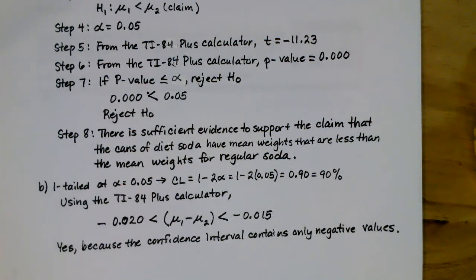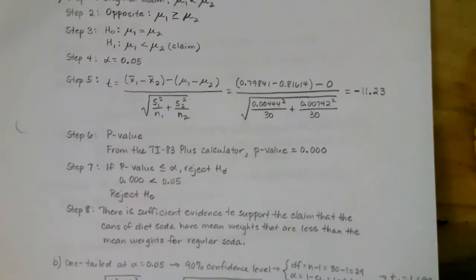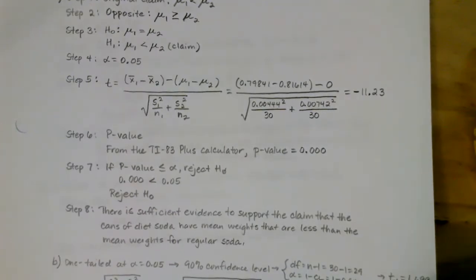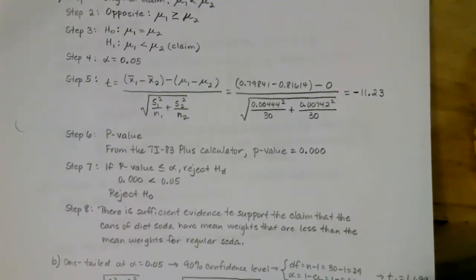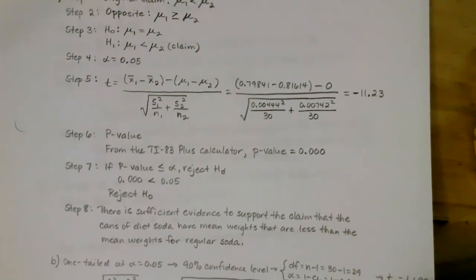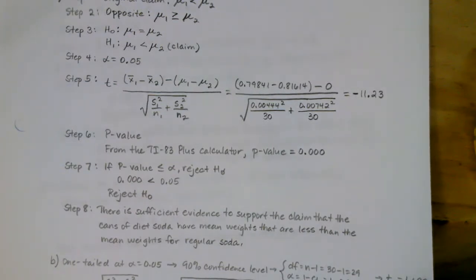All right. Now let me show you how I did this using the formula that I showed you. Notice in step 5, I use that t is equal to the quantity x1 bar minus x2 bar minus the quantity mu sub 1 minus mu sub 2, all divided by the square root of s1 squared over n1 plus s2 squared over n2.